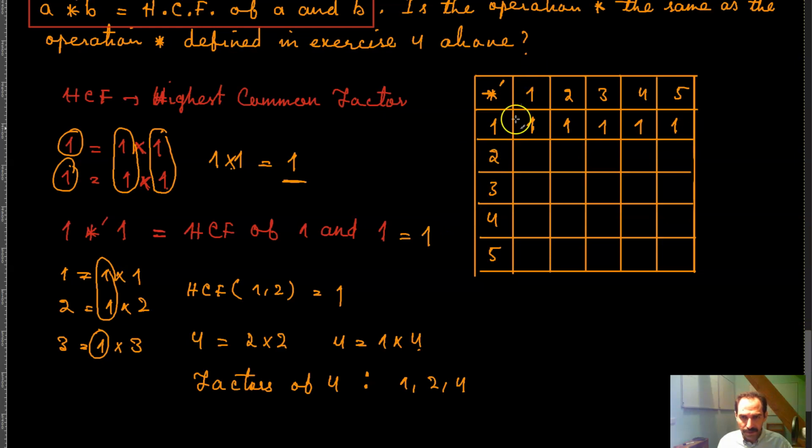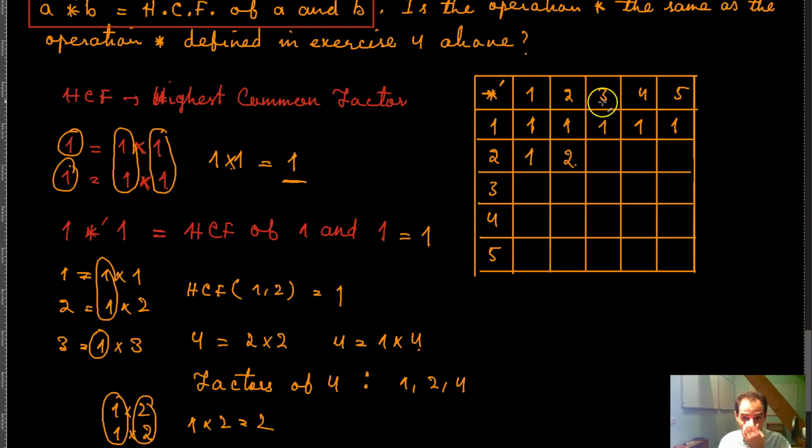And again, when it comes to 2 and 1, you will get a 1 over here. When you get to 2 and 2, 2 is the same thing as 1 times 2, and again 2 is the same thing as 1 times 2, so you have a 1 in common, 2 in common. 1 times 2 is equal to 2.